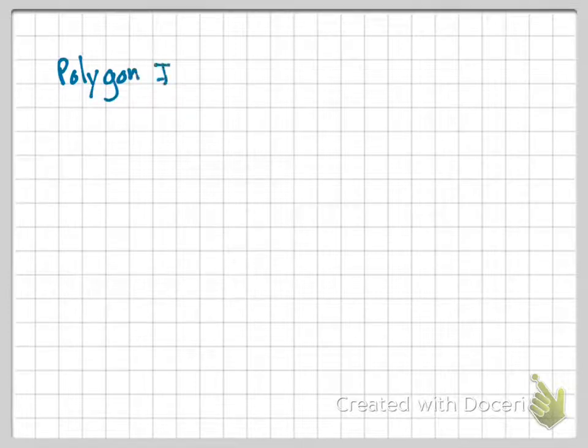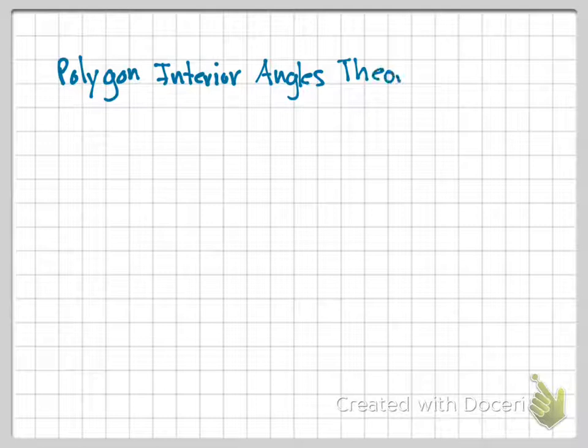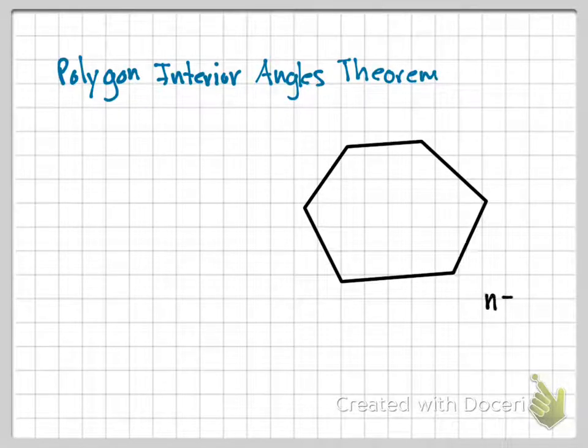Let's first start off by focusing on the interior angles. So we have this polygon. This polygon has 6 sides and 6 angles.